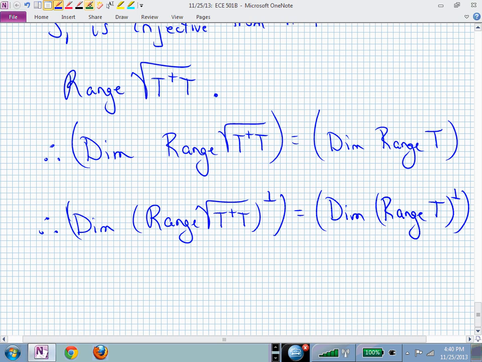If we now have these two spaces with the same dimension, we can find an orthonormal basis for the one on the left, and we can find an orthonormal basis for the one on the right of these in this last line.